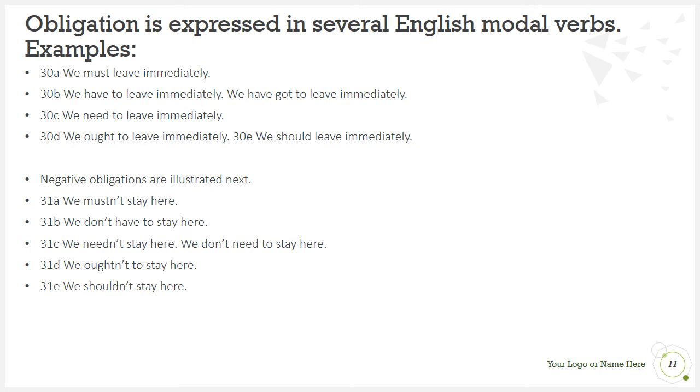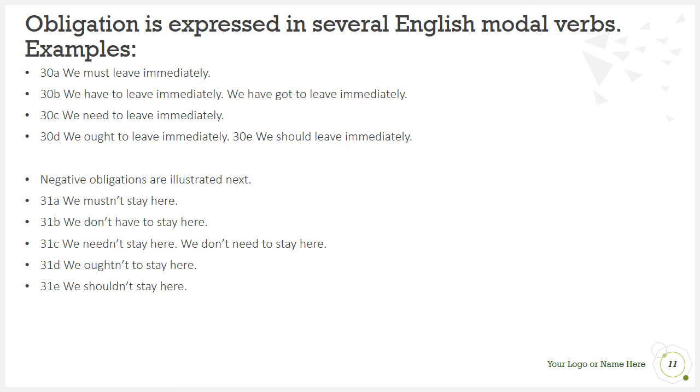For this author, must, as in 30a, is the most forceful statement of obligation and is somewhat formal. Have to and have got to are more colloquial and not as strong as must. The others follow in order. Need is nearly as strong as have. Ought expresses a weaker obligation but is still stronger than should. Other speakers of English may well have a different ranking.